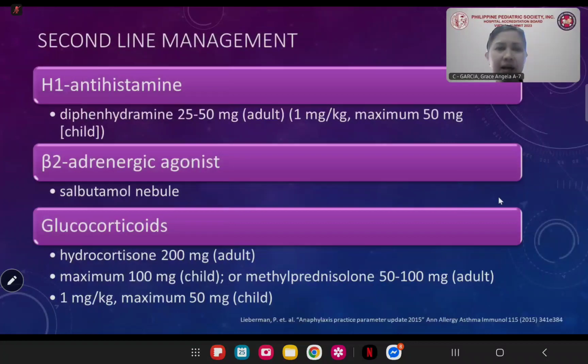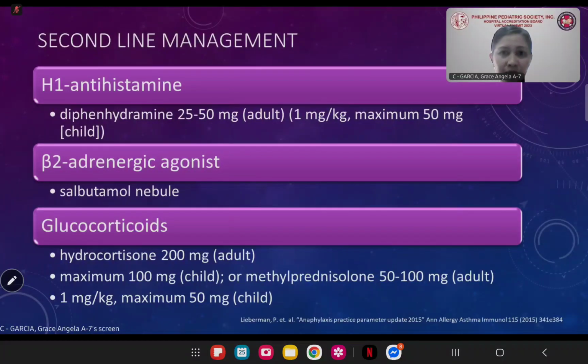So for the second line management, you can give your antihistamine, diphenhydramine, to decrease your urticaria, and a beta-2 adrenergic agonist if your patient has wheezing due to respiratory distress. And glucocorticoids can prevent your anaphylaxis from recurring, for example, when the patient's trigger is food. It is usually ingested, and the food is eliminated within the next 3 to 5 days.